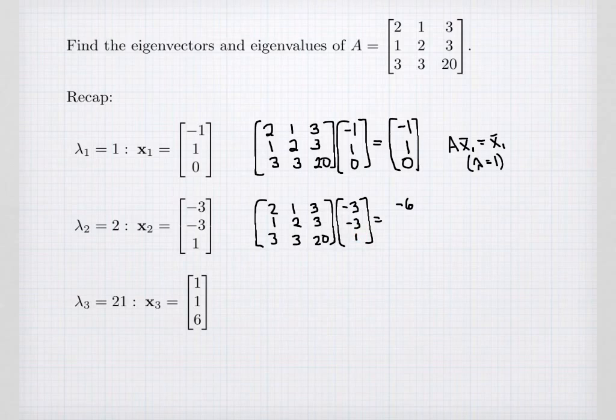So again, negative 6. And now the third row, 3, 3, 20. Negative 9, negative 9, so that's negative 18. Negative 18 plus 20 gives me positive 2. And so we see the effect of that matrix multiplication: A times our second vector was actually double our second vector. And that's exactly what it means to say we have an eigenvector with eigenvalue lambda equals 2.